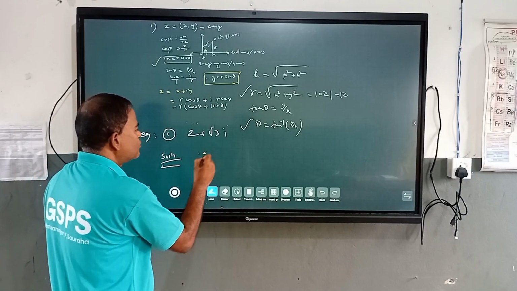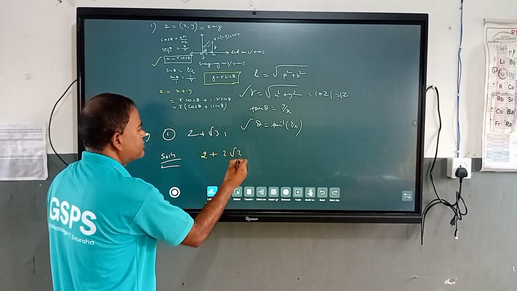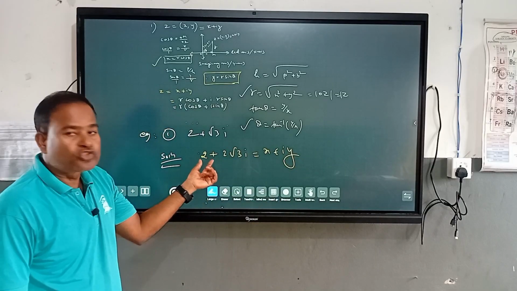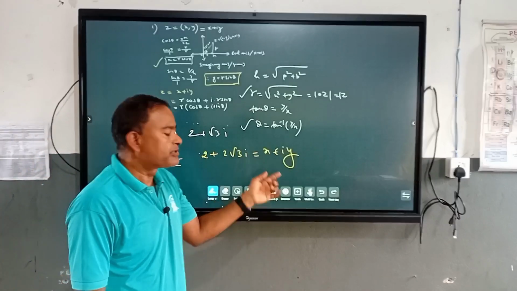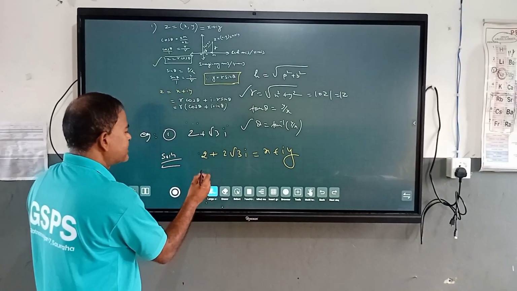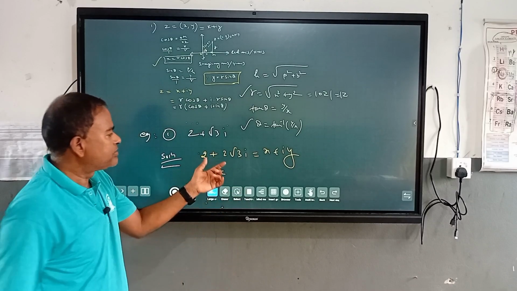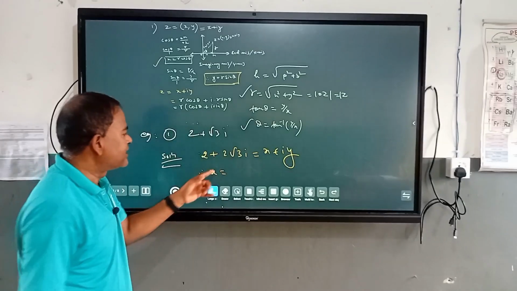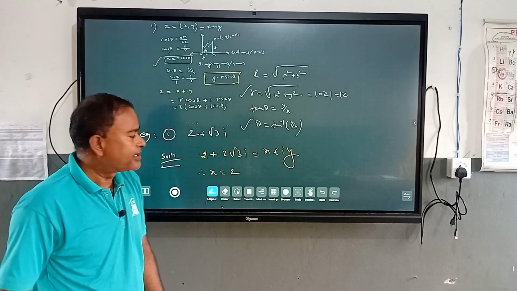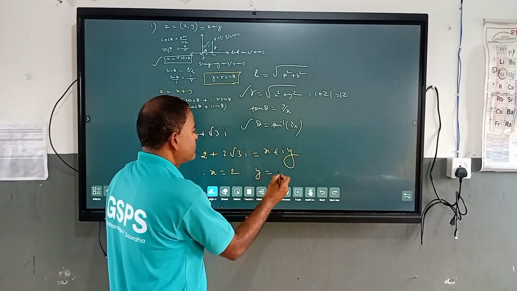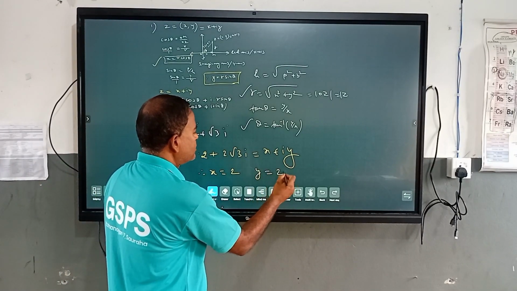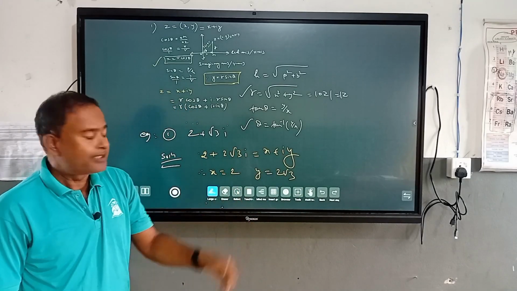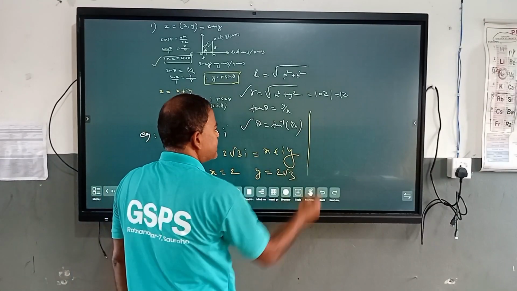So let's suppose 2 plus 2 root 3i, which is in algebraic form. So we can suppose 2 plus 2 root 3i as x plus iy. After comparing with x plus iy, we get x equals 2, which is the real part, and y equals 2 root 3, which is the imaginary part, or we can say y component.